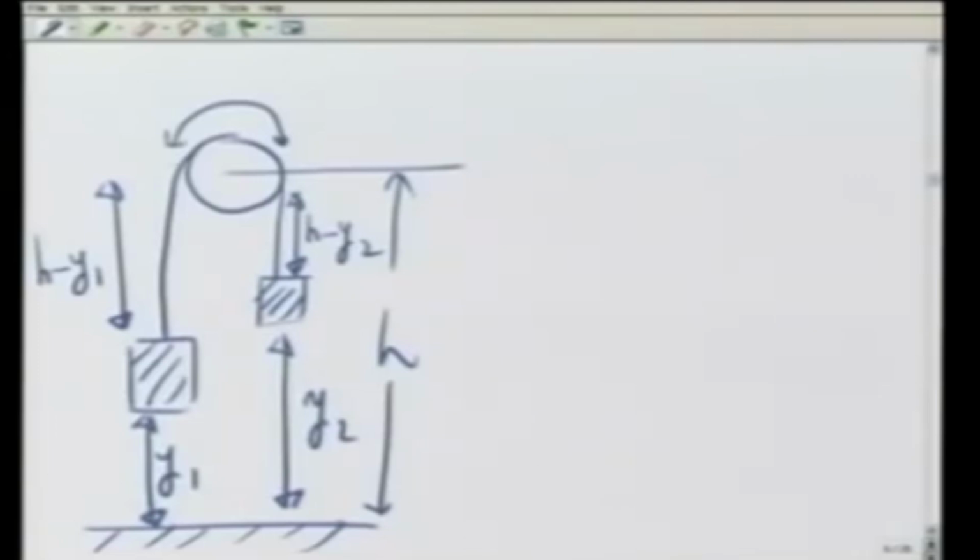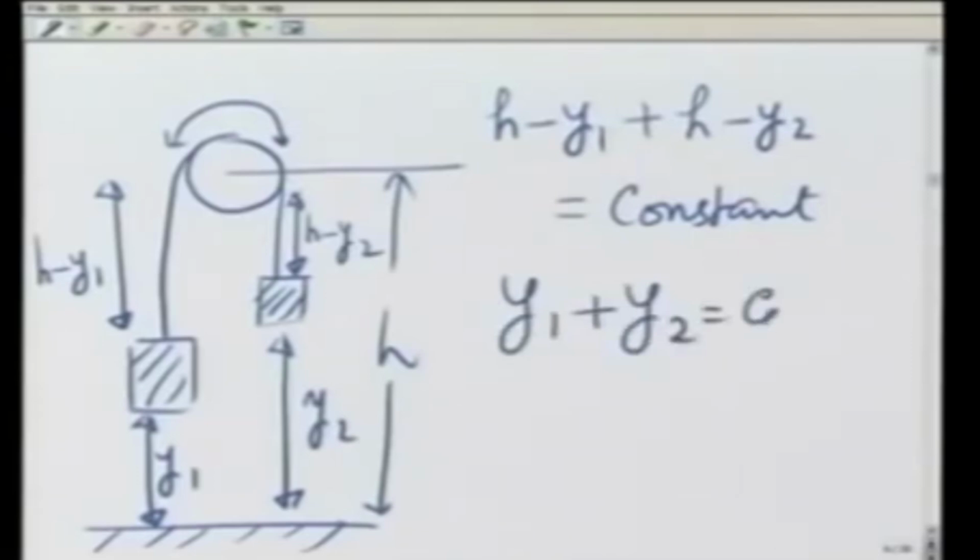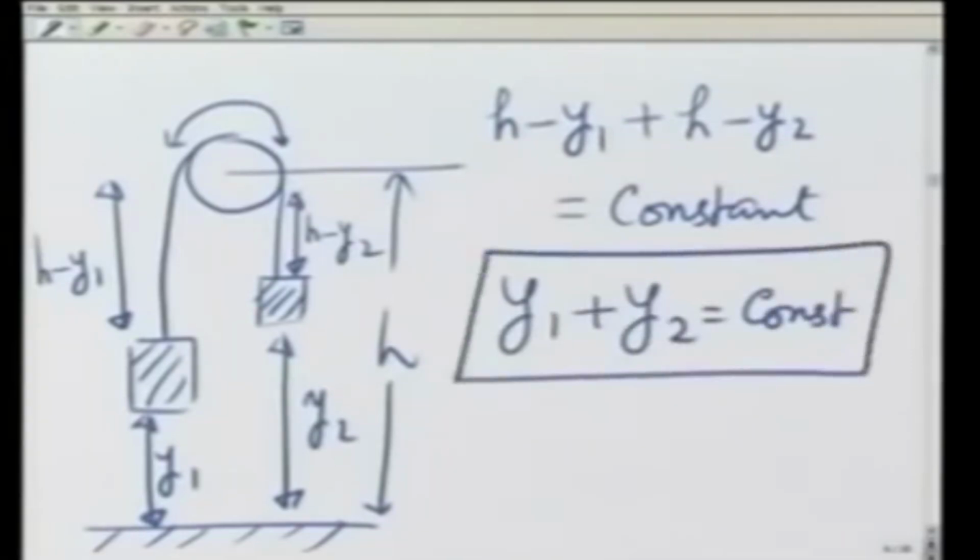Since this part is always of constant length, I can write my constraint equation as h minus y1 plus h minus y2 is equal to a constant, or shuffling terms around, y1 plus y2 is equal to a constant. This is my third equation.